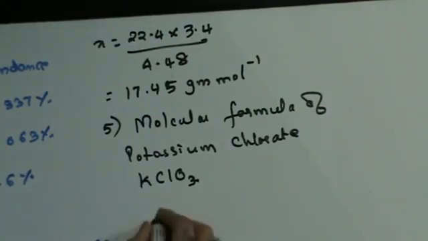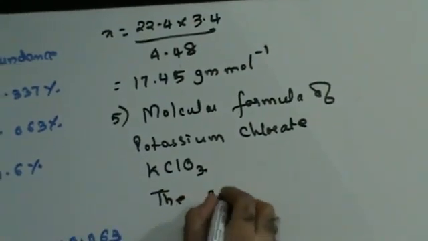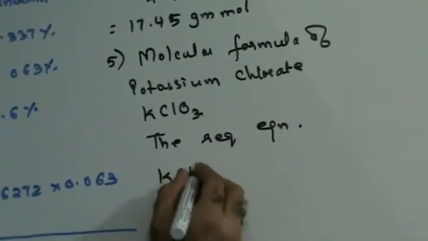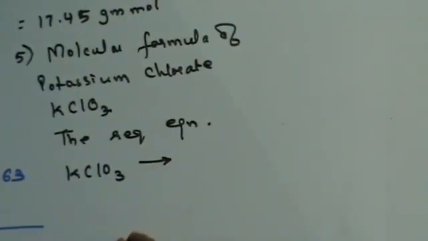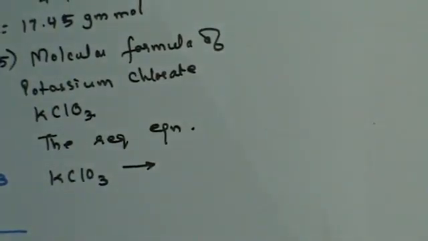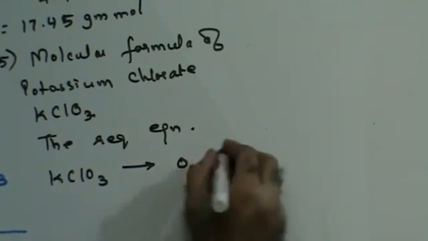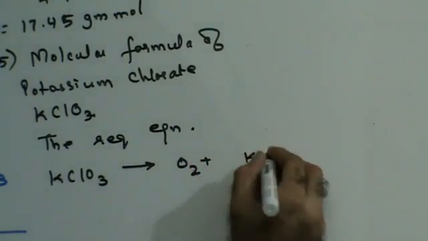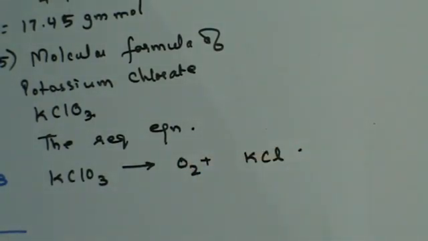That means I am going to be dissociating KClO3. If potassium chlorate liberates oxygen, what will remain? You will have potassium chloride remaining.